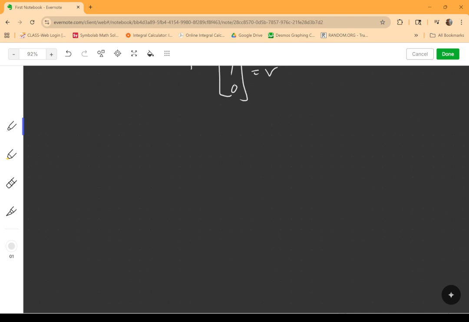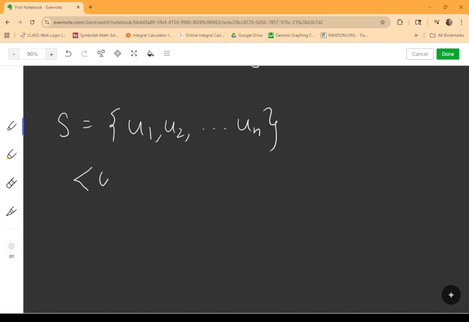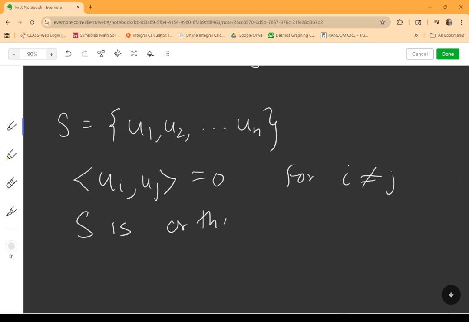If we have a set S of u1, u2, all the way up to un, and the inner product of ui and uj is 0 for i not equal to j, then S is an orthogonal set.